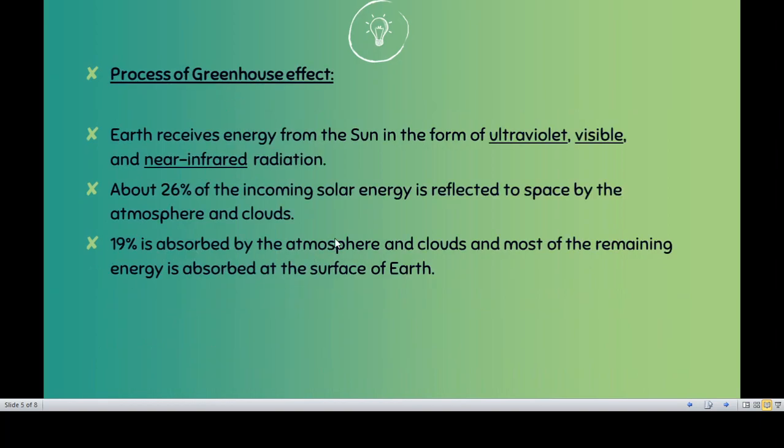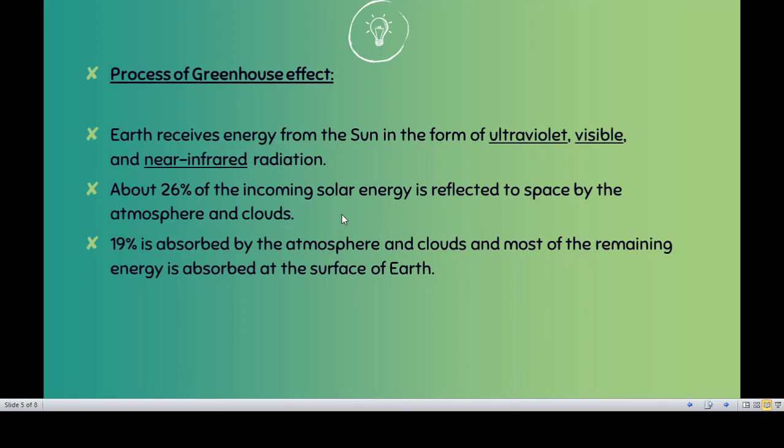Now, how does this process of the greenhouse effect take place? Basically, the sun emits energy in the form of, as we said, ultraviolet, visible, and infrared. It is written over here as near infrared, but it is almost the same.